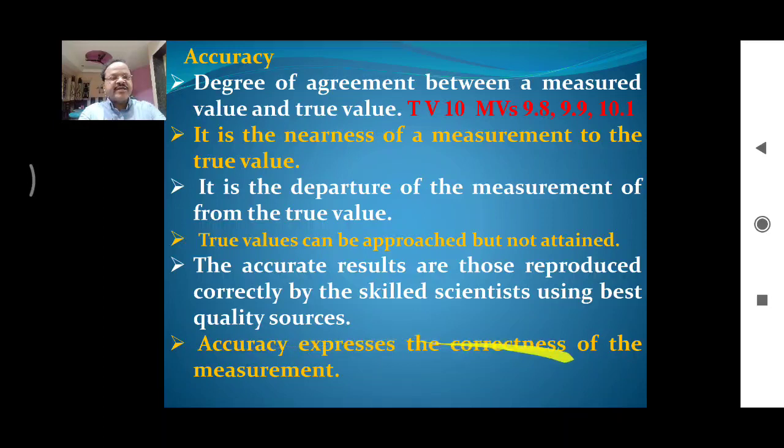Accuracy expresses the correctness of the measurement. Whether the readings that we obtained are correct or not can be expressed by accuracy, which is nothing but the measurement near to the true values.